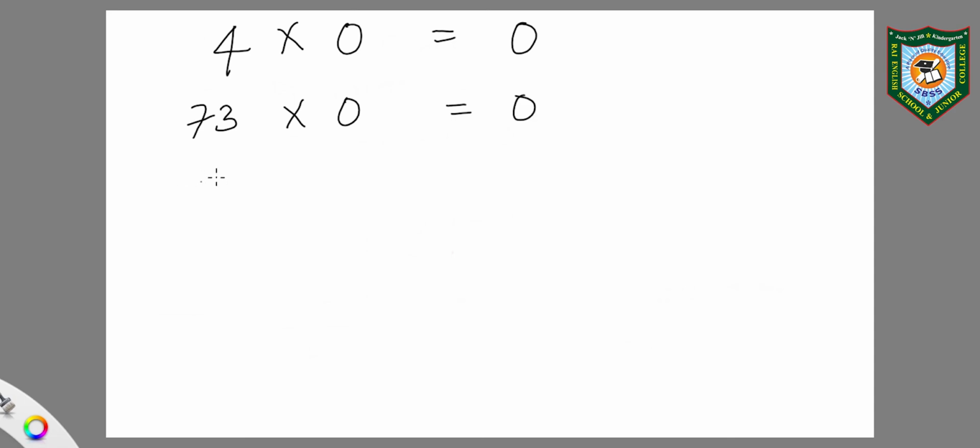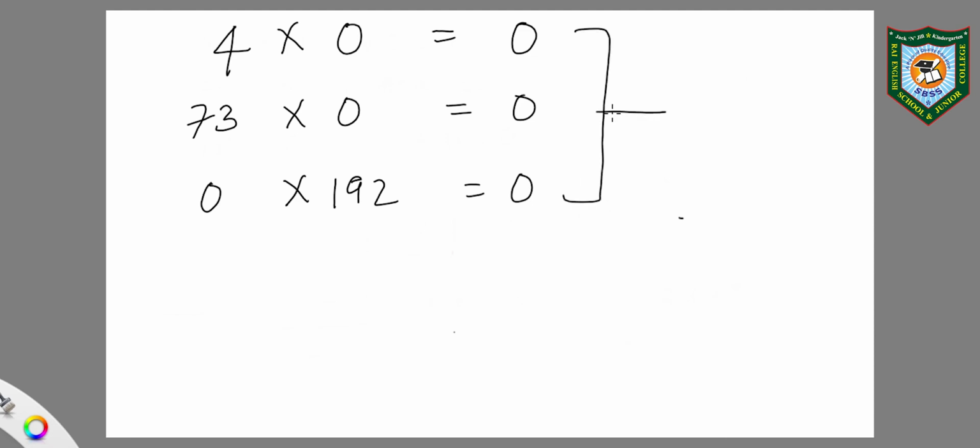Now, let's say I multiply 0 by any random number, let's say 192. This again becomes 0. I know all of you already know this, but what is important here is that whenever we multiply any number by 0, the product is always 0.